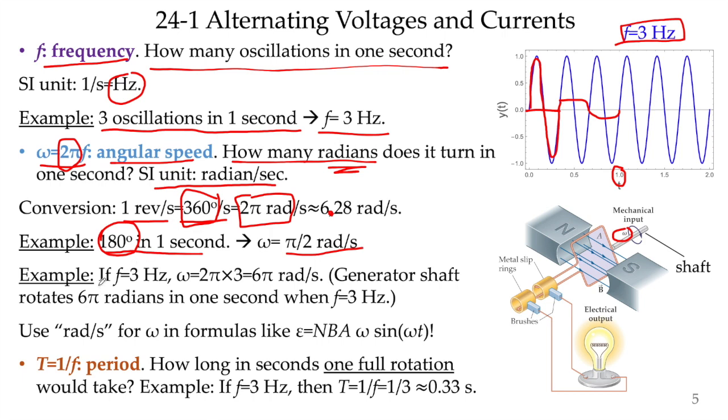Okay, another example, if the frequency is 3 Hertz, which is here, plotted here, then the angular frequency becomes 2 pi times 3, which is 6 pi radians per second. What does that mean? Well, it means the generator shaft, this shaft here, rotates 6 pi radians in 1 second when the frequency is 3 Hertz.